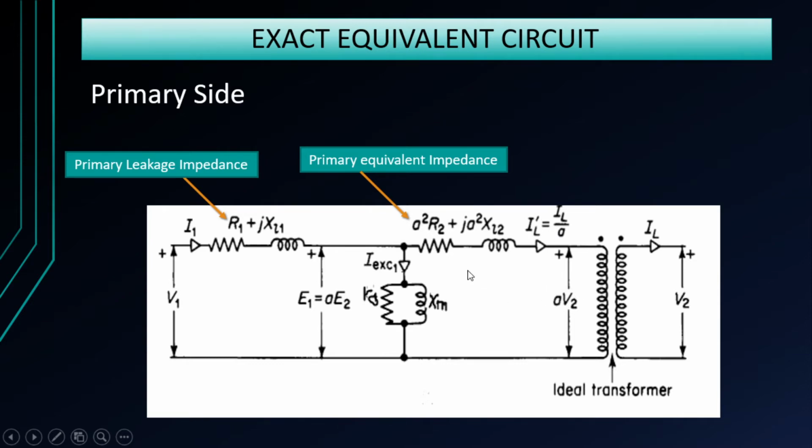After that, we have the a squared. Under, halos the same lang siya sa a sub 1 equal to a squared. However, it is under terms or sa process na nga ng converting.